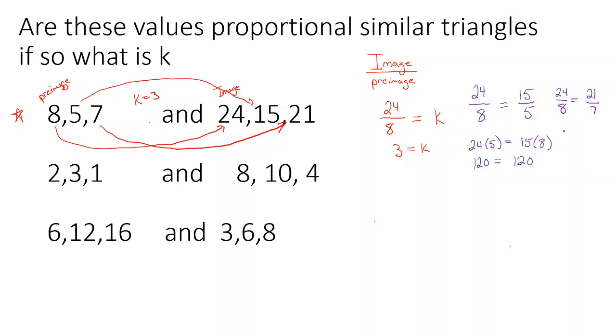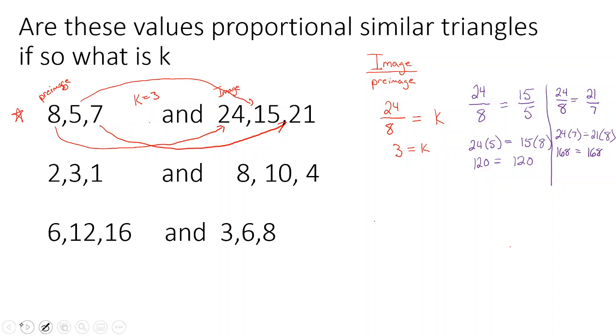So in this case, let me put a divider here, 24 times 7 should also be proportional to 21 times 8. 24 times 7 is 168, and 21 times 8 is also 168. So they are proportional, and they all have the same K factor of 3.